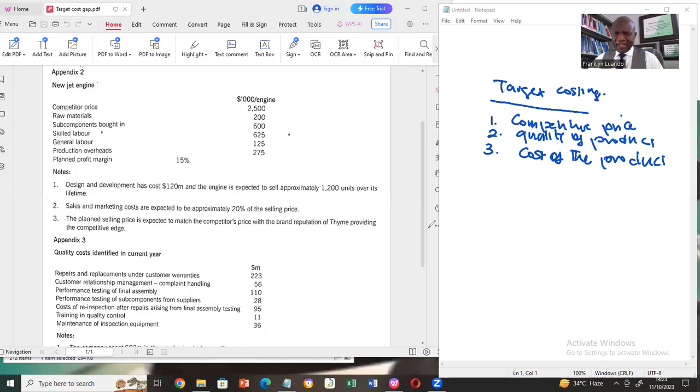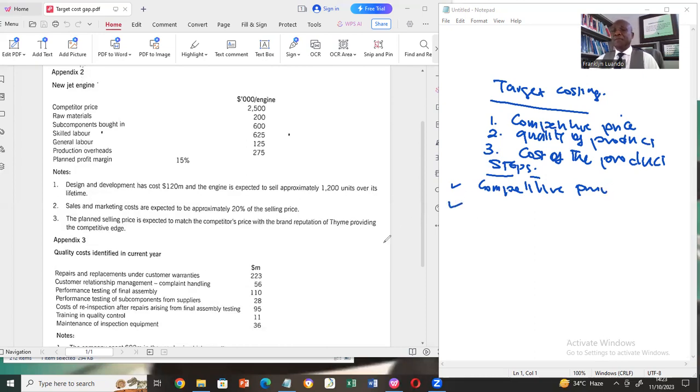So now let's look at the steps to follow when implementing the target costing system. We have a number of steps there. Step 1 is to determine the competitive price of similar or identical products in the market.